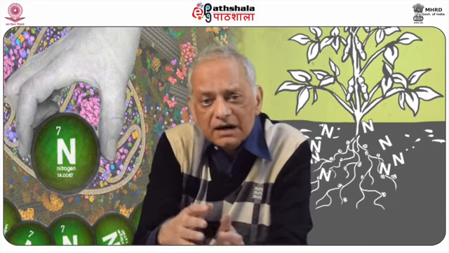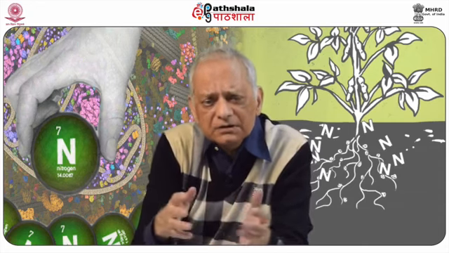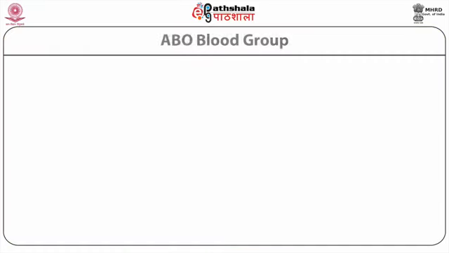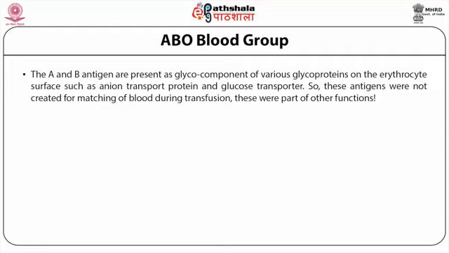ABO blood group system antigens, as has been pointed out earlier, are carbohydrate antigens. The A and B antigens are present as glycocomponents of various glycoproteins on the erythrocyte surfaces, such as anion transport protein and glucose transporter.